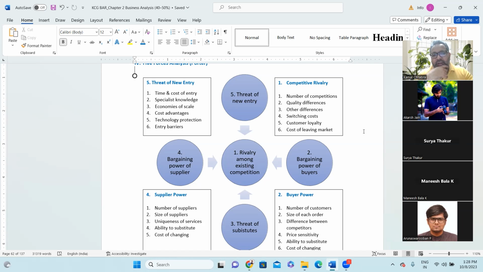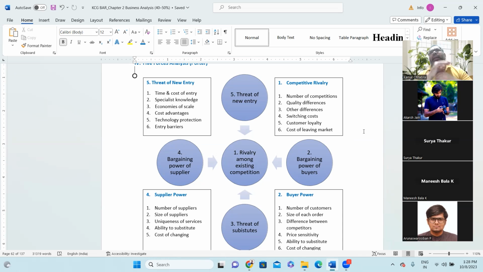Cost advantage, technology protection. Nowadays people are very well aware of IPs, right? And they go for patenting. So all the technologies, nowadays people are very well aware of applying for copyright, patenting, trademarking, right? And the last one is the entry barrier.